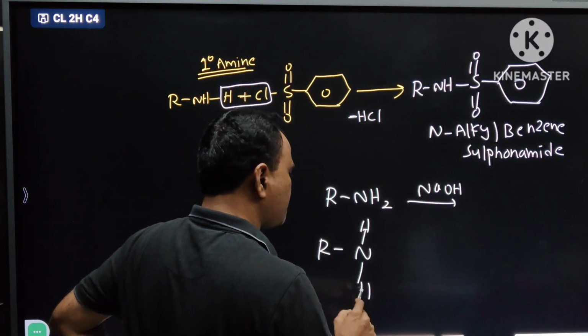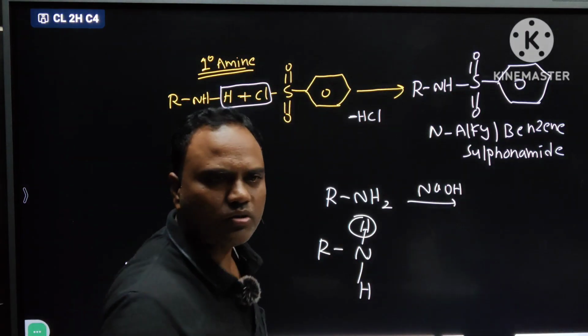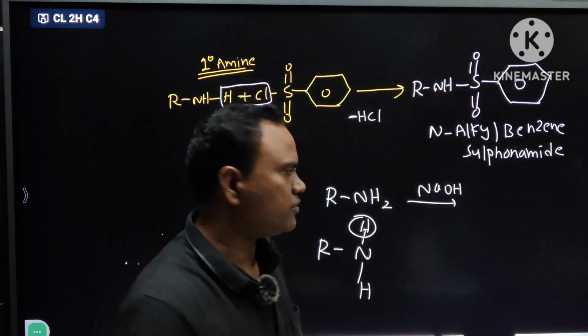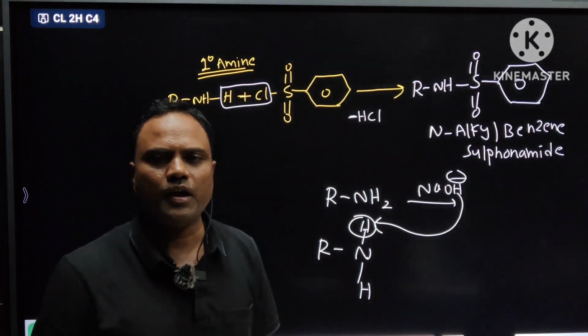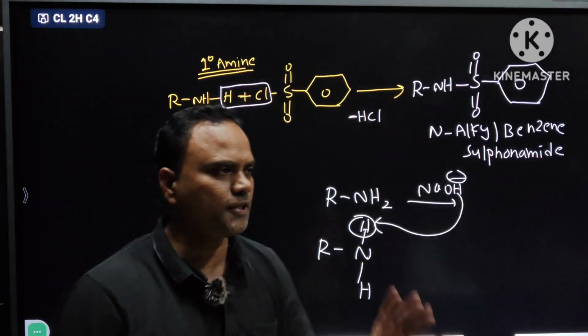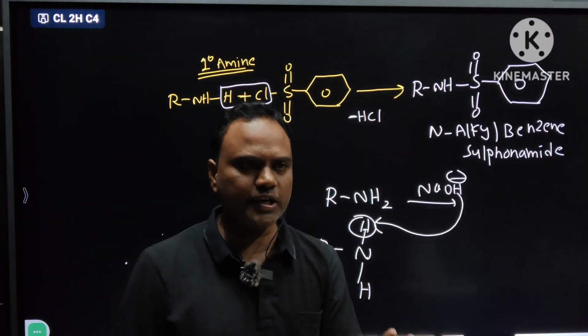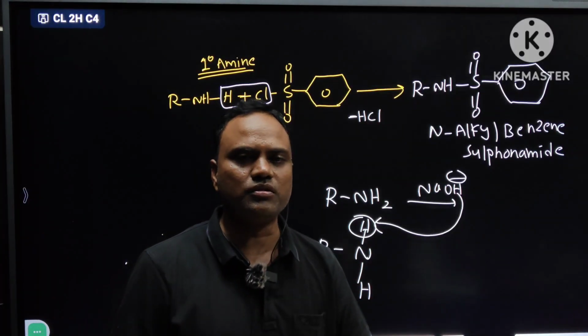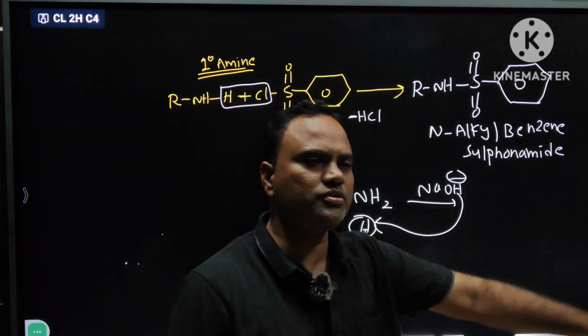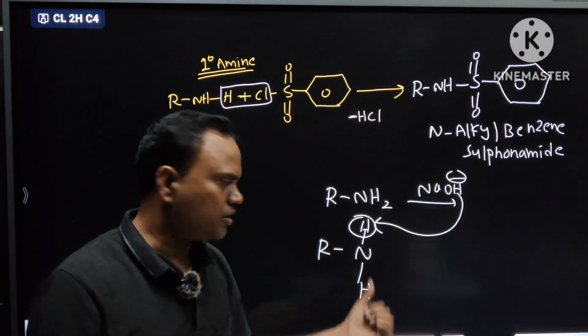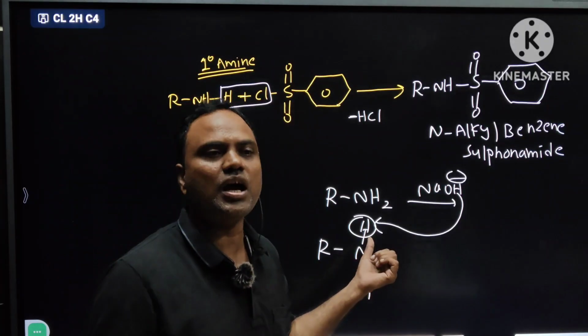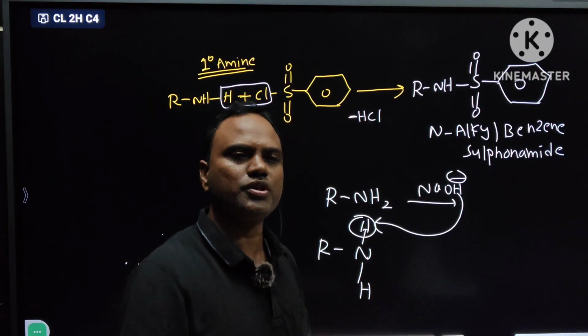Because that hydrogen is present on more electronegative nitrogen. So OH minus captures the hydrogen present on the nitrogen. If any more electronegative atom contains hydrogen, that atom gives that hydrogen. Are you getting what I am explaining?